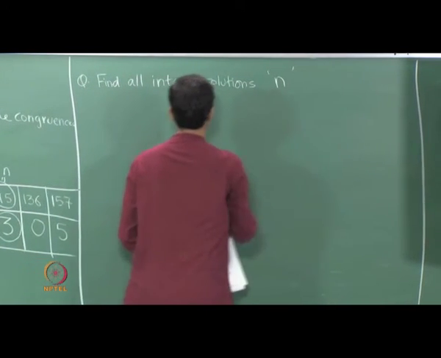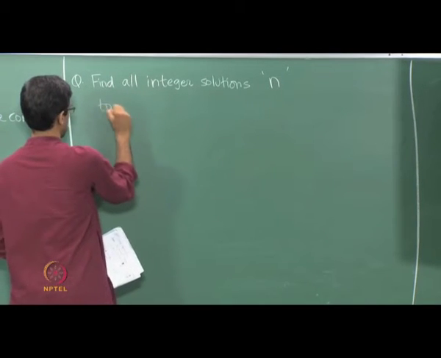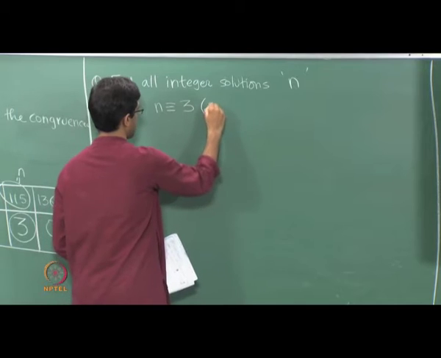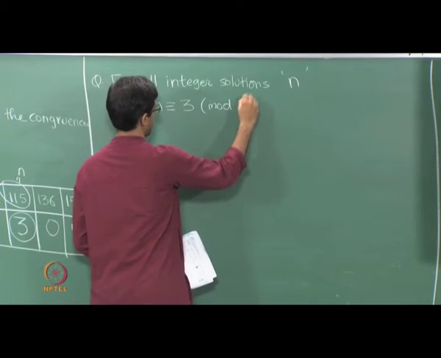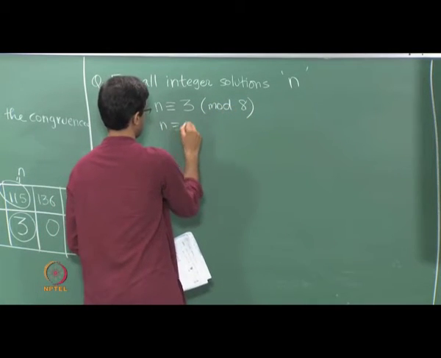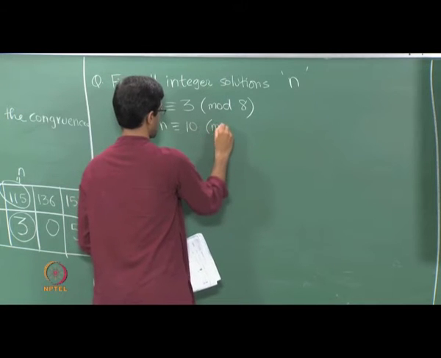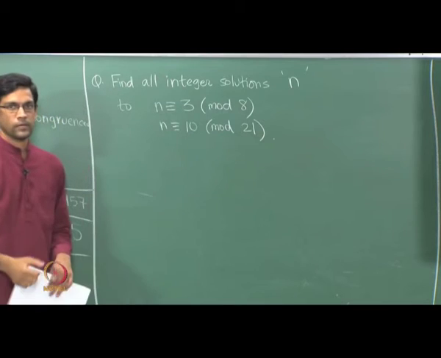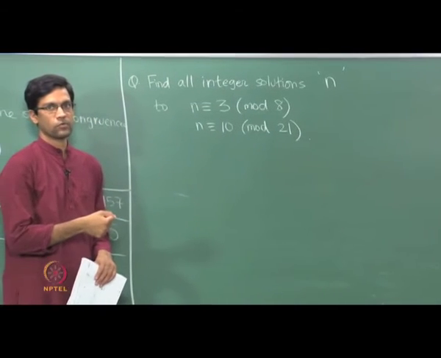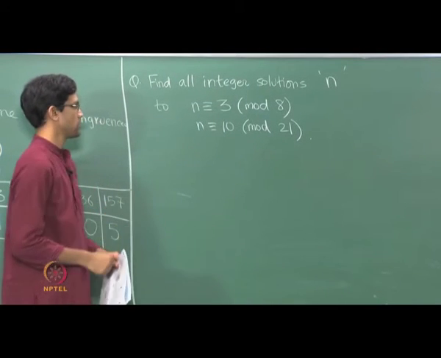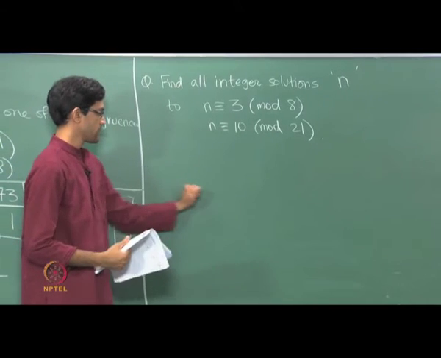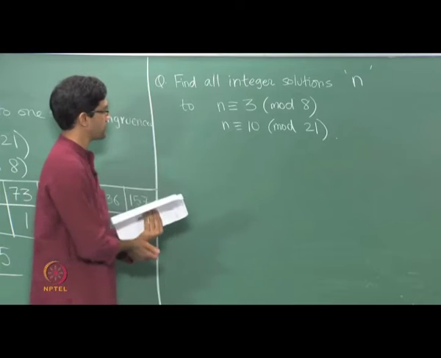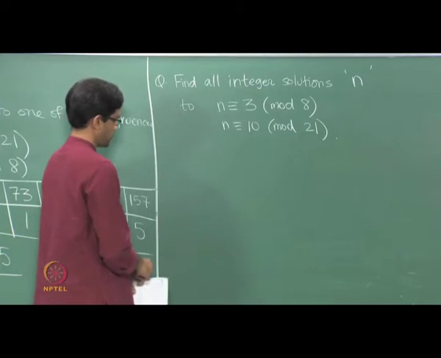So n must be an integer satisfying the very same two congruences: n congruent to 3 modulo 8, and n congruent to 10 modulo 21. We have found one solution, the smallest natural number solution to be 115. But now this question says, can you also find out all solutions? All integer values that would satisfy these very same congruences.